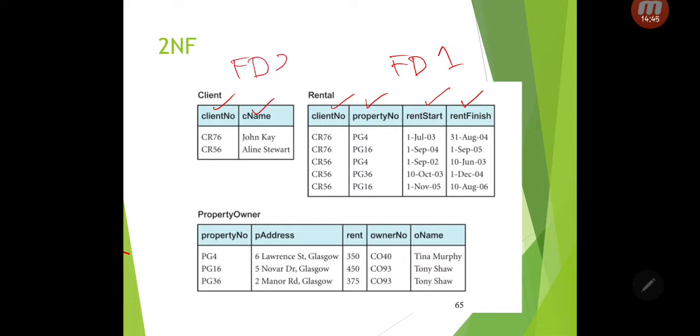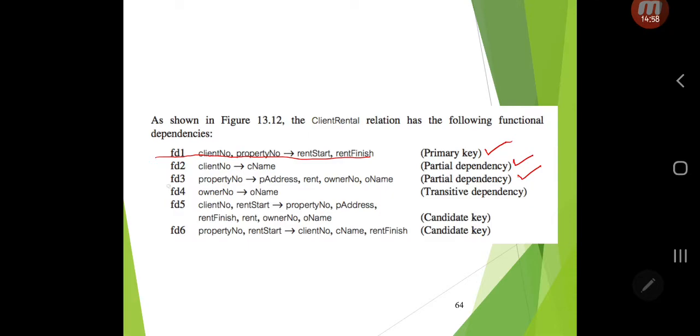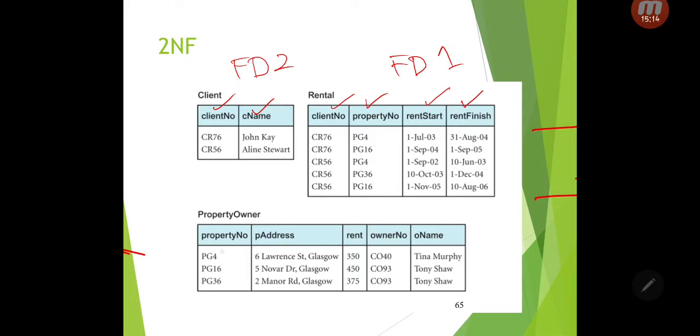This is FD2. And then we also have the last one, property number, determine property address, rent, owner number, and owner name. This is also the partial. This is FD3. So you have 3 tables from one big table just now.